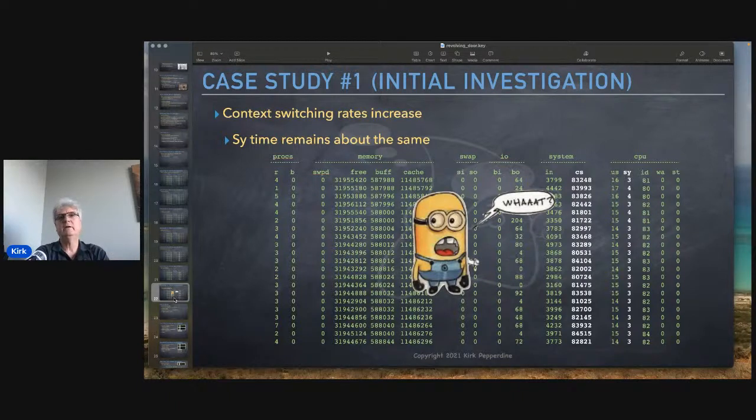The context switching rates went up, and the system time remained relative. Of course, user time is going to drop, which really means that the ratio from user time to system time is much more pronounced in this particular case. So the question is what's happening here, and all the clues have to do with what's happening with context switching in the system.